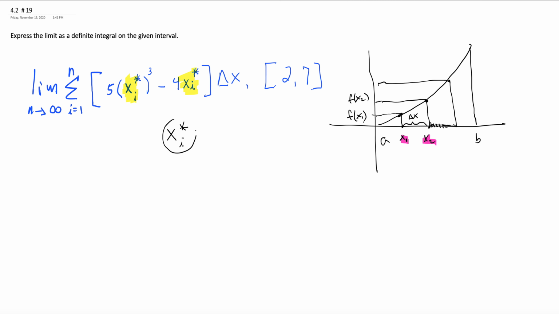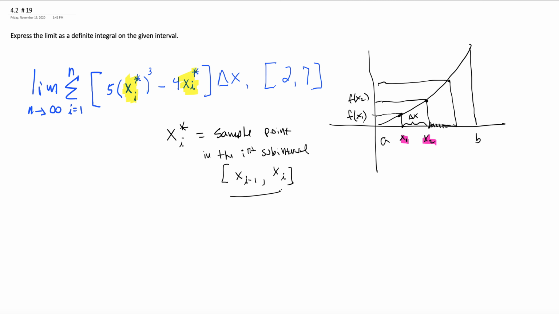So that's all that is. It says it here: x sub i star is a sample point in the ith subinterval, x sub i minus 1, comma, x sub i.